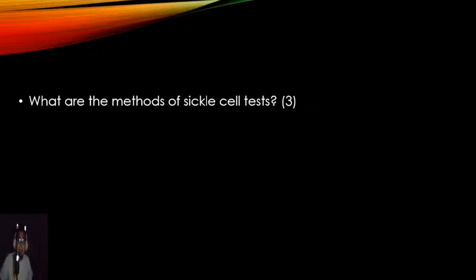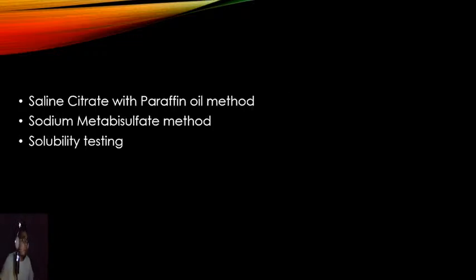Okay. Now, we have what you call saline citrate tests or saline citrate with paraffin, sodium metabisulfate method, and the solubility testing. All of these tests follow the same format.